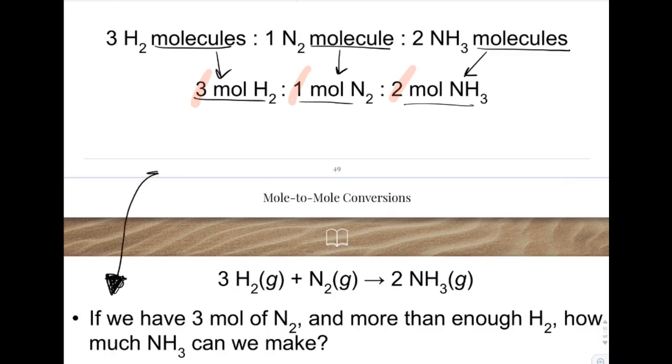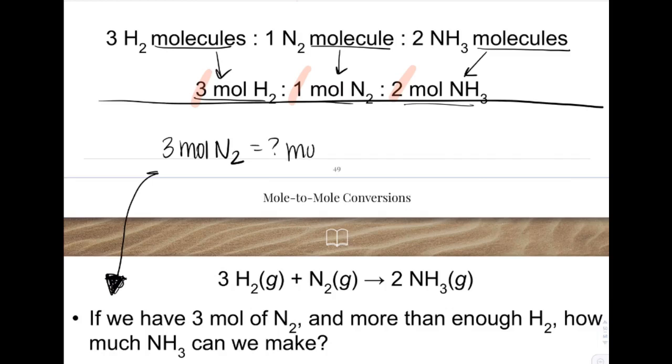Okay, so if we have 3 moles of N2 and more than enough hydrogen, don't worry about the hydrogen, how much ammonia can I make? Let's just look at moles of ammonia, because mole is a measurement of how much. I need a relationship between nitrogen and ammonia.